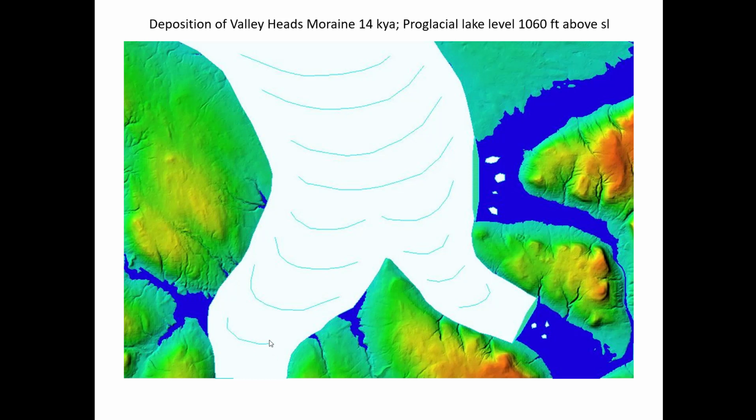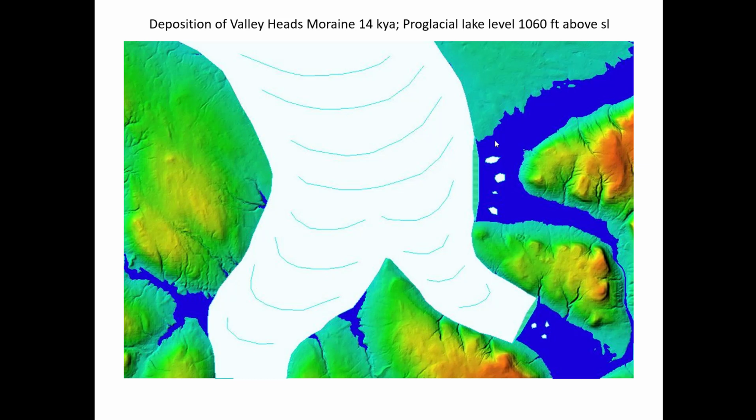You can see that there is meltwater from this glacier, though, and it fills in a lot of these valleys, and those are called proglacial lakes. Proglacial lakes mean in front of the glacier. And at this point, the lake level is about 1,060 feet above sea level, and we can tell that because we can find sand deposits that represent beaches all along the 1,060 foot elevation, which is cool.